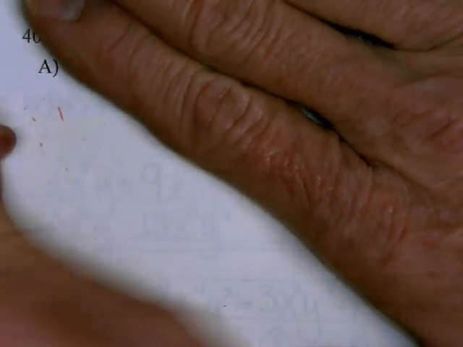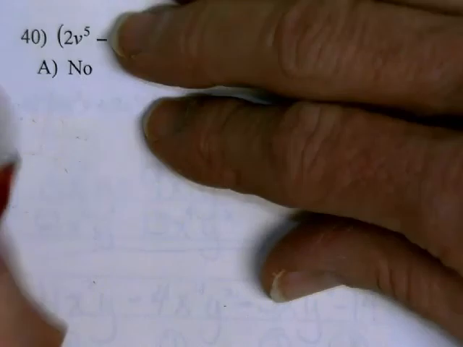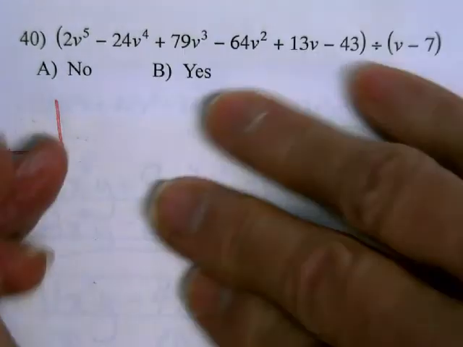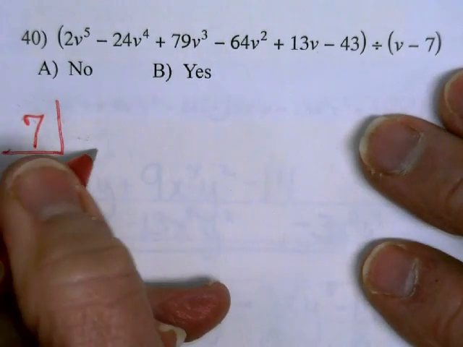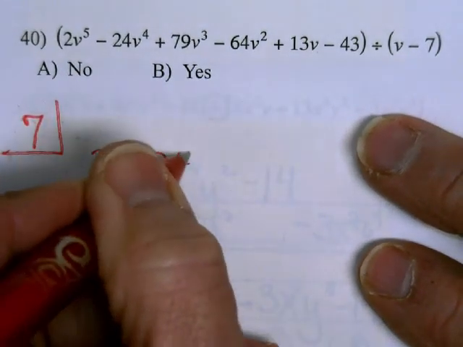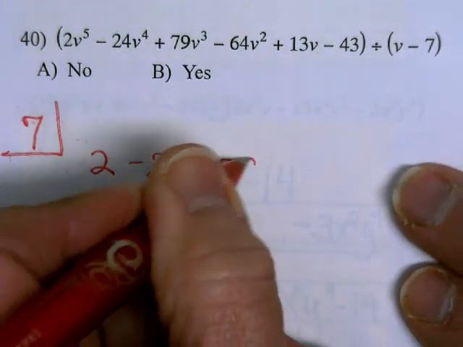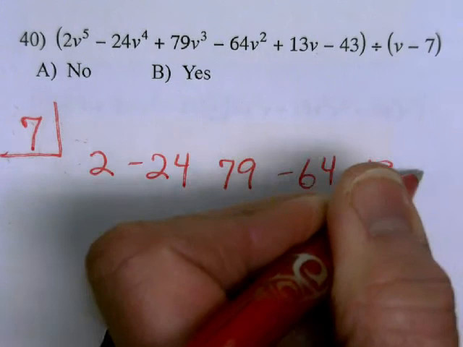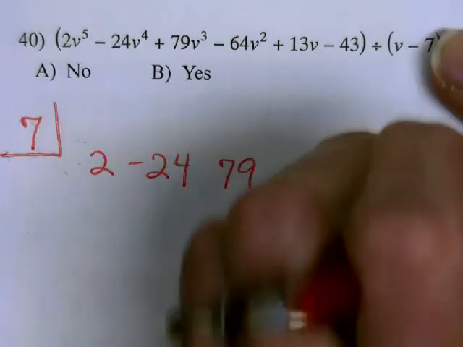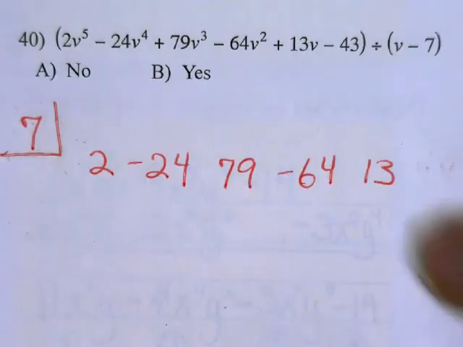So we're dividing by 7. This is the one I made the fatal error on this morning. You know how it is. It's those mistakes we tend to remember. Okay, so I have 2, negative 24, 79, negative 64, 13, and negative 43.